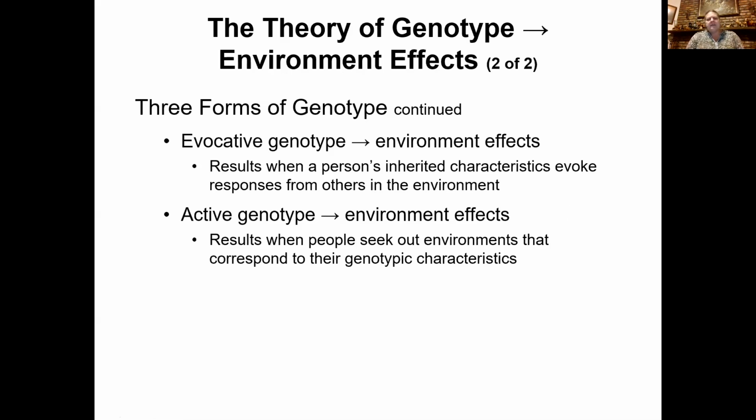Evocative genotype results when a person's inherited characteristics evoke responses from others in the environment. For example, say I'm a kid that bounces off the wall and my mom has anxiety. My behavior, because of my genotype, I've got some gene that's making me bounce around all over the place and be really high energy, and my mom's really anxious, that's going to affect my environment.